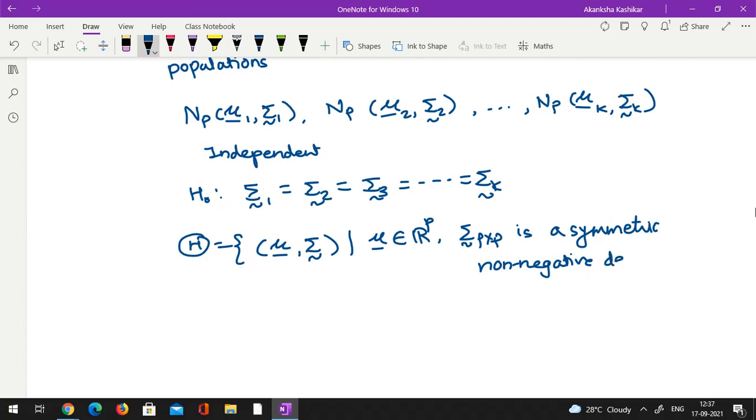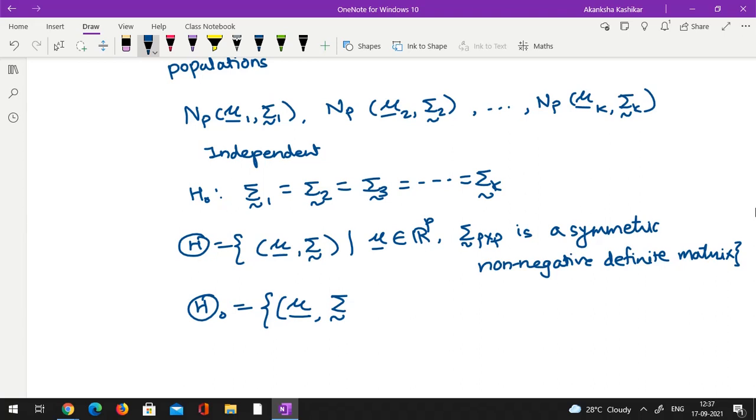Correct? And under H naught, I don't have any constraint on mu, so mu remains as it is. Sigma becomes, wait.